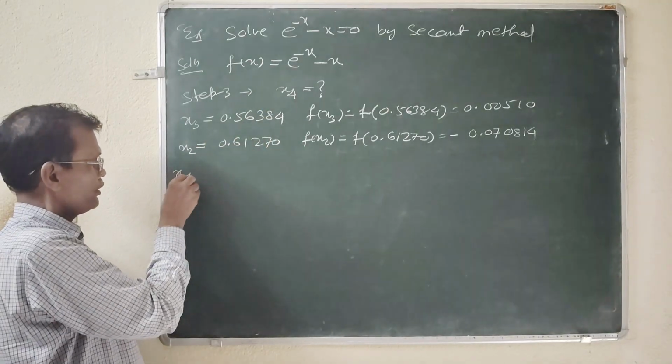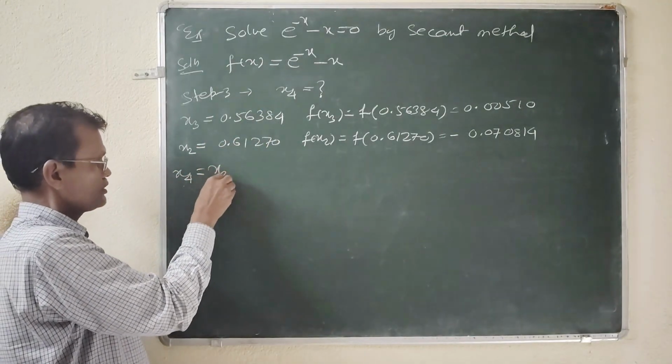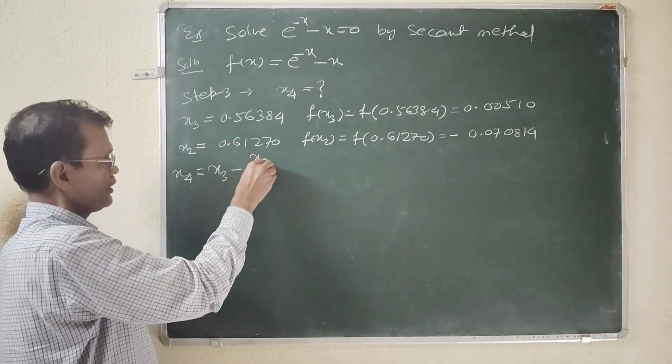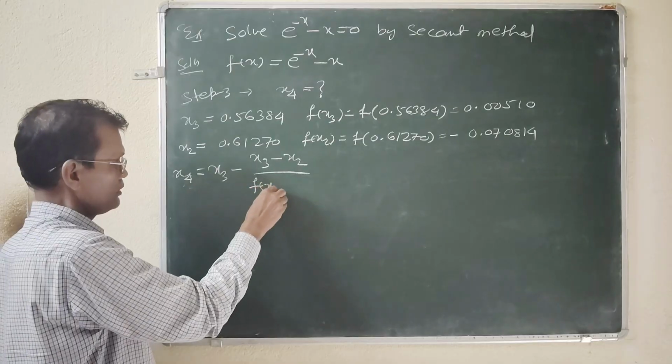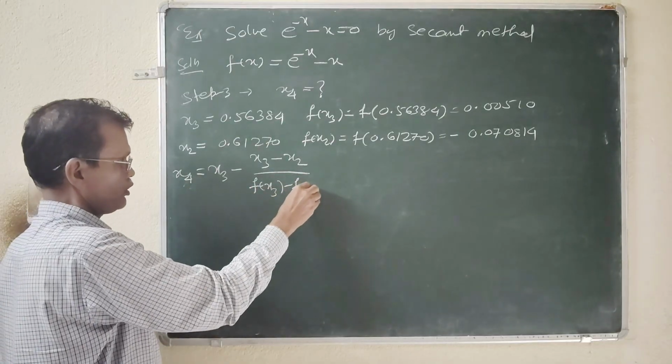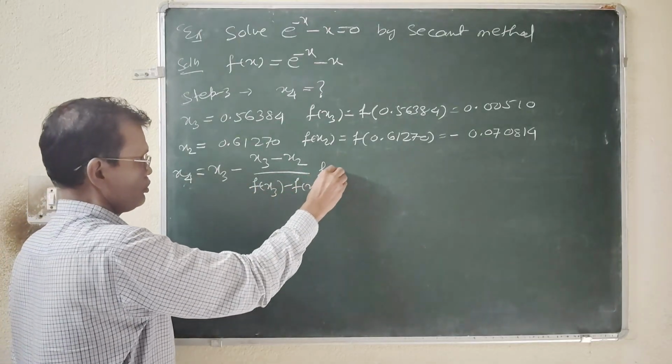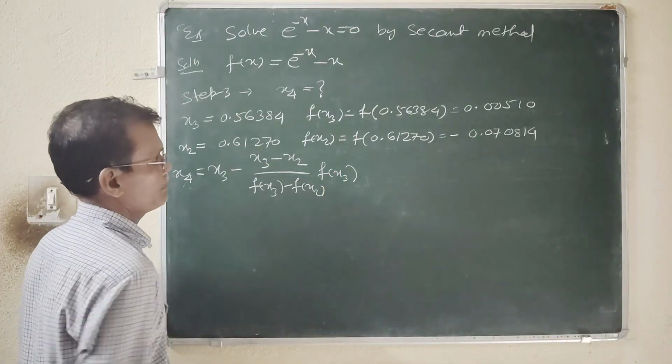What is x4? x4 is equal to x3 minus (x3 minus x2) divided by (f of x3 minus f of x2) into f of x3.